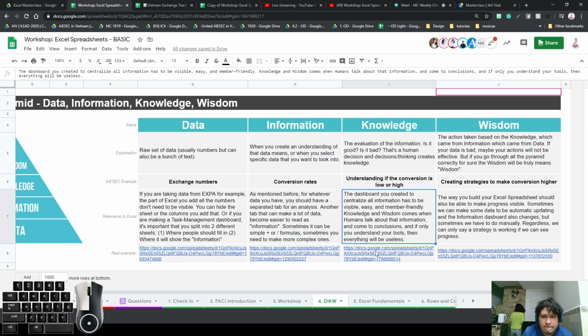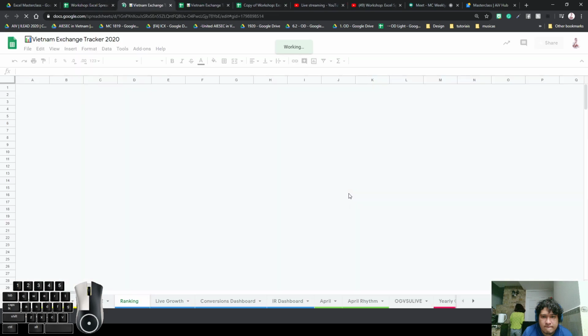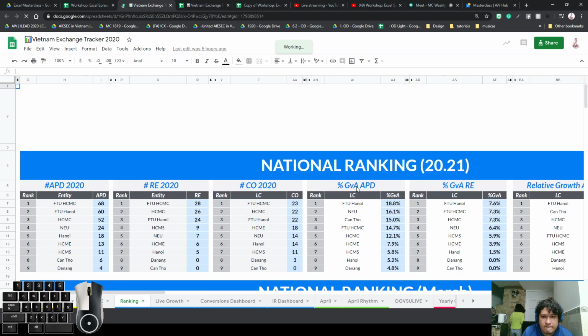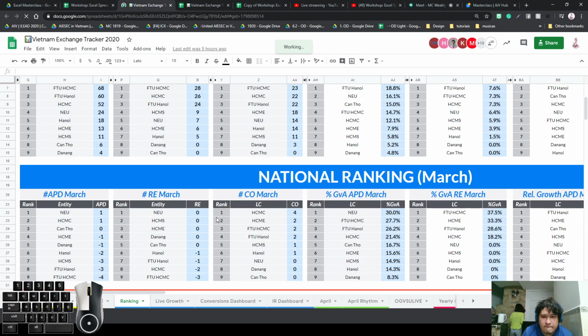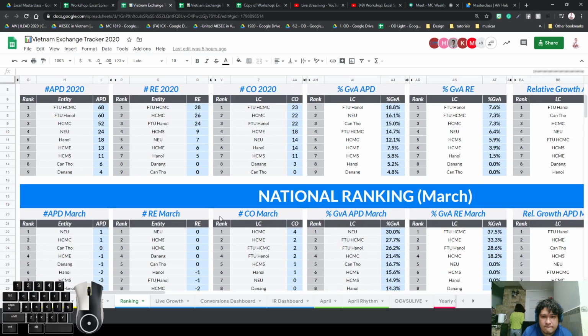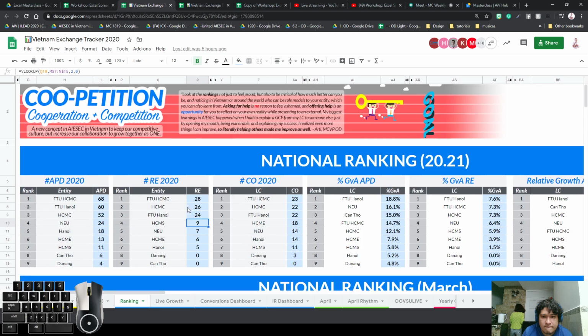What about the knowledge? So knowledge, for example, is this. As I told you, there was nothing telling me if my conversion rates were good or bad, right? But for example, a ranking tab that creates, okay, is my LC good? Is my LC bad? Is it in the middle? Is it at the bottom? So this creates a human understanding of whether we are doing well or not.